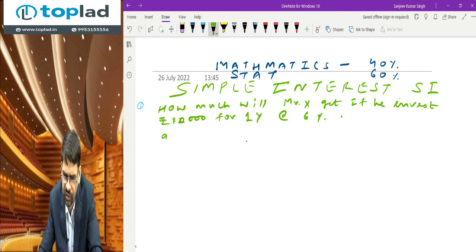Correct answer, you just tick whether the correct answer is in A, in B, in C, in D. You have only 4 options, A, B, C and D. You have to check the correct option.